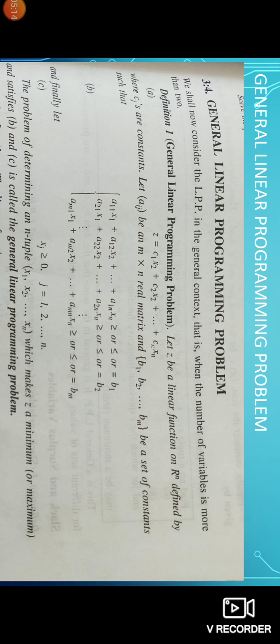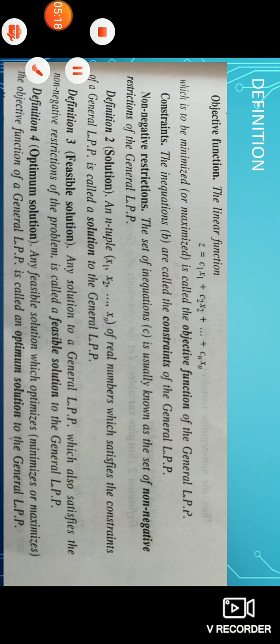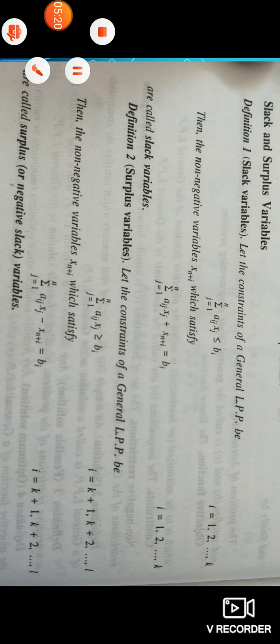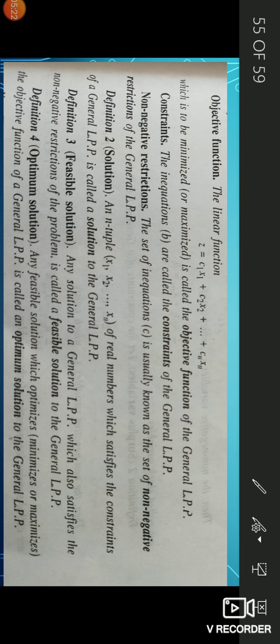This is the definition of the general linear programming problem. Next definition, objective function: z is equal to c1 x1 plus c2 x2 plus cn xn, which is to be minimized or maximized, is called the objective function of a general linear programming problem.